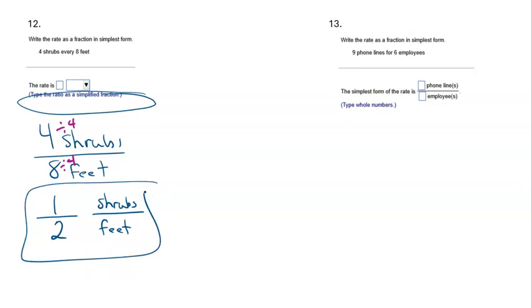Okay, number 13, write the ratio as a fraction in simplest form. 9 phone lines for 6 employees. So it's 9 phone lines to 6 employees. Now, once again, phone lines and employees are not the same unit of measurement at all, so those will not cancel.